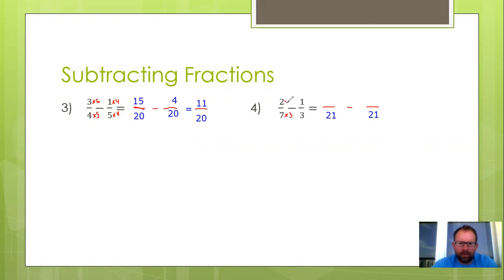So I will multiply the numerator times the same number. Okay, so then 2 times 3 is going to be 6. And 7 times 1 is going to be 7.